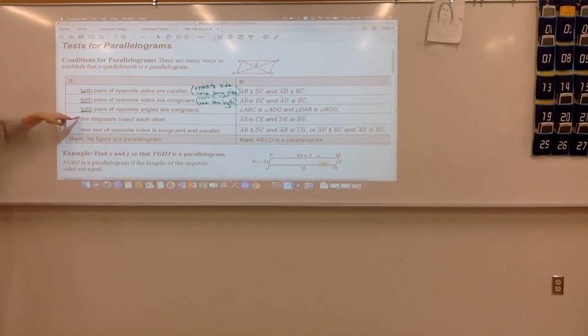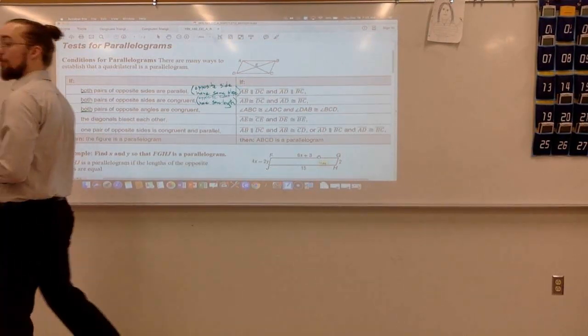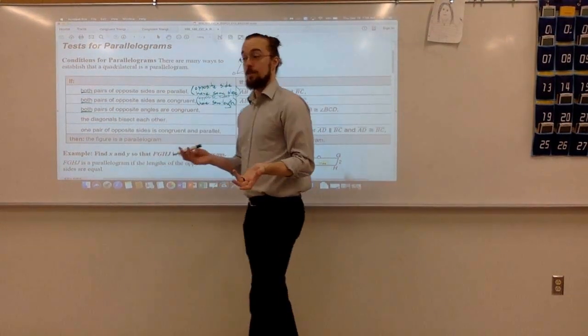Okay? But if I were given coordinates, okay, where we found slopes, found the lengths of sides, how could I use coordinates to show that the diagonals bisect each other? Any ideas? Find the midpoint. Exactly.